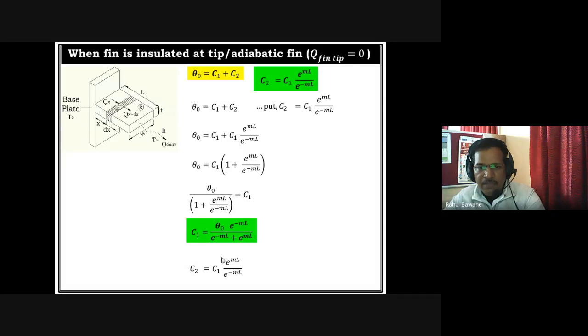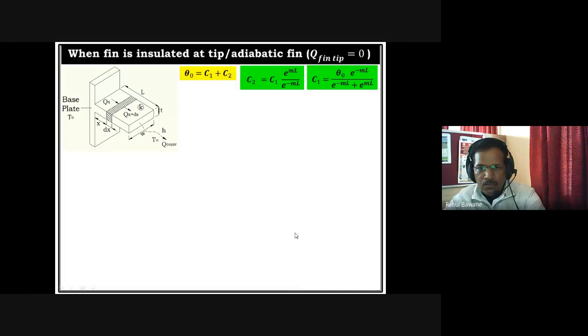Now if I put this C1 value in the relation of C2, so C2 becomes, putting the value of C1, theta 0 e raised to the power minus mL upon e raised to the power minus mL plus e raised to the power mL, into the original value of C2, e raised to the power mL upon e raised to the power minus mL.